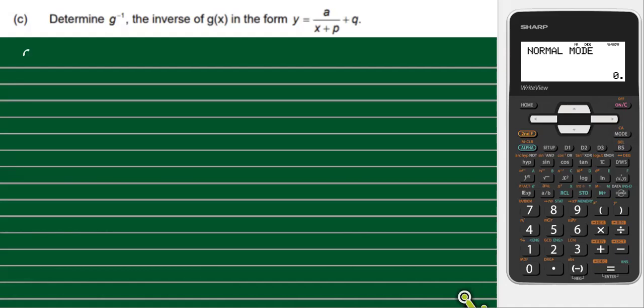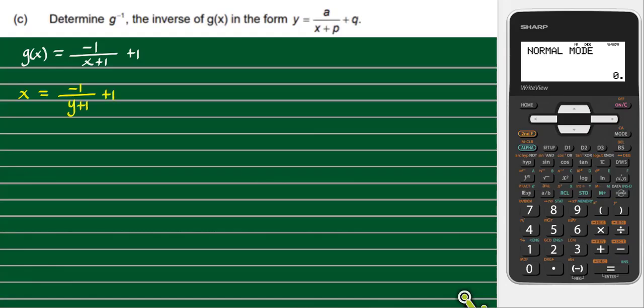g of x, we actually had minus 1 all over x plus 1, and then plus 1. We need to swap x and y, and that means this becomes x equals minus 1 all over y plus 1, plus the 1.